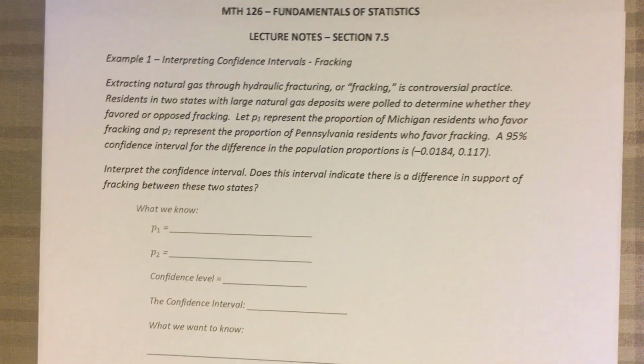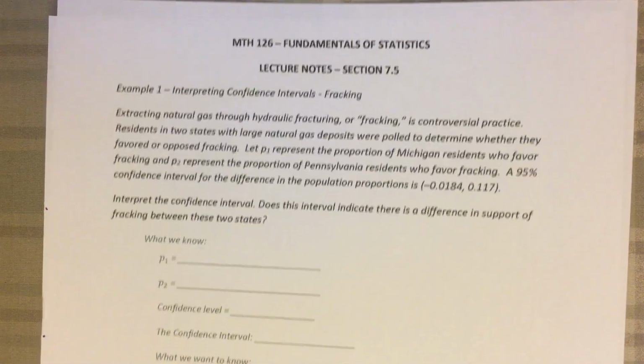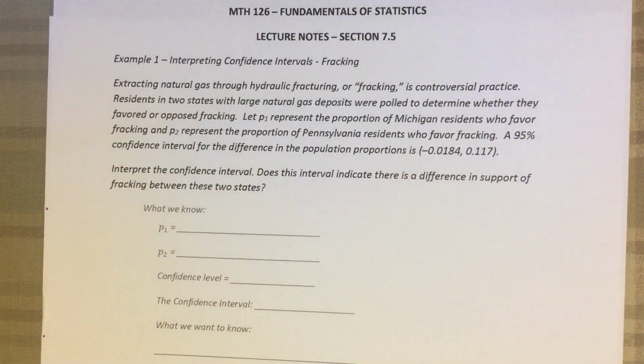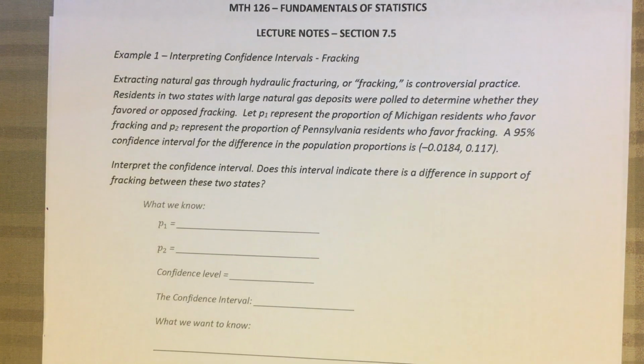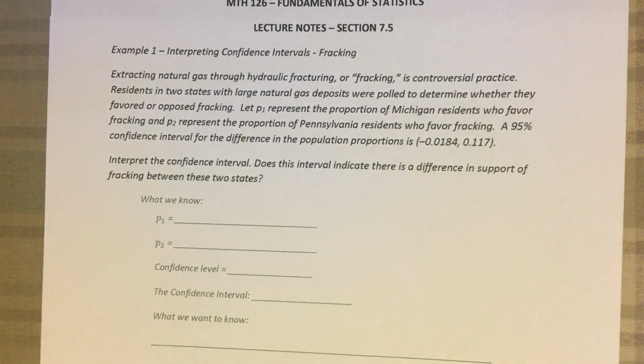We're going to interpret this interval and decide whether, based on this interval, we can say that there is a difference between the support in these two states. We're going to start by listing what we know.